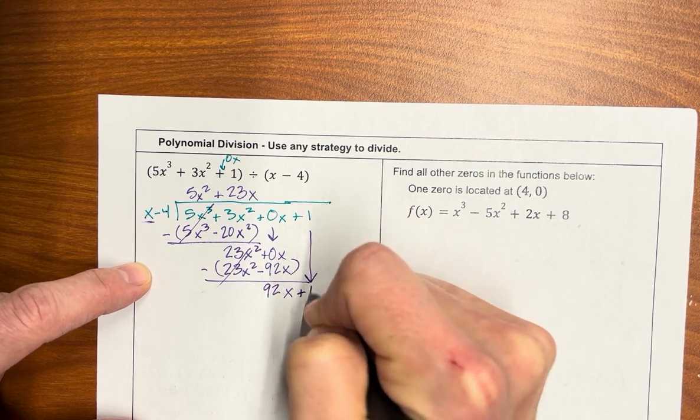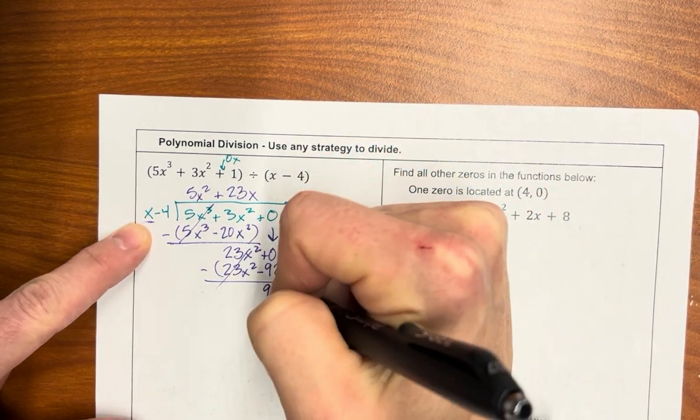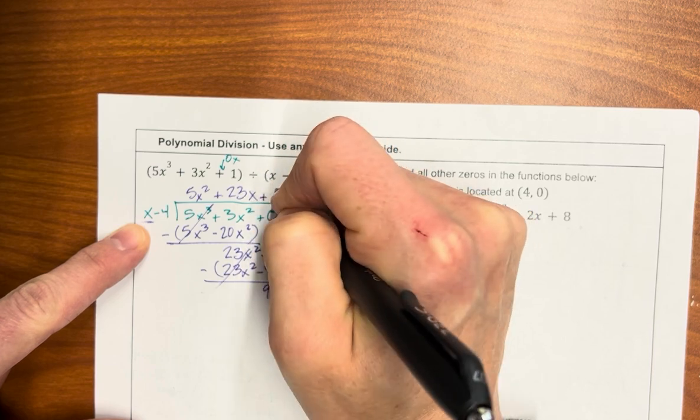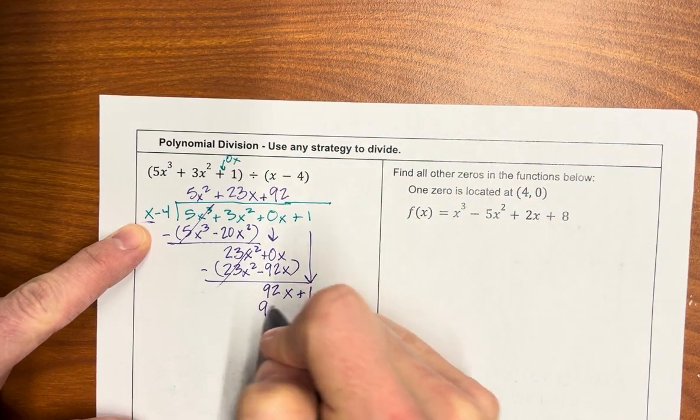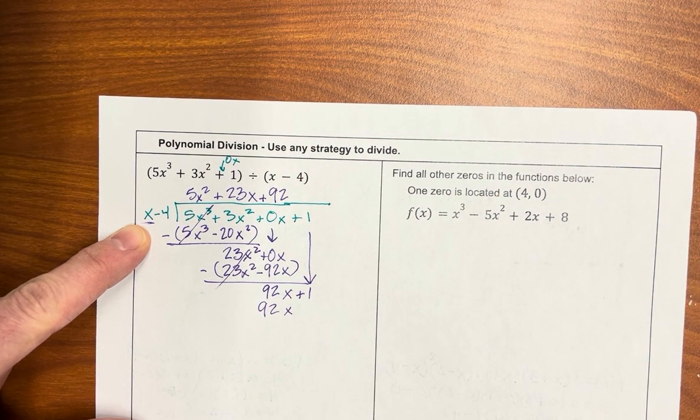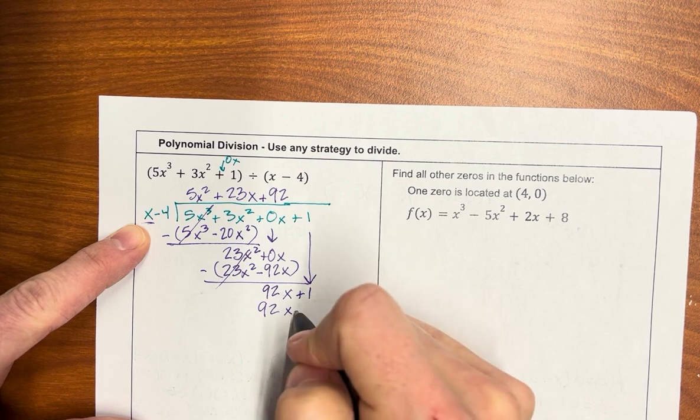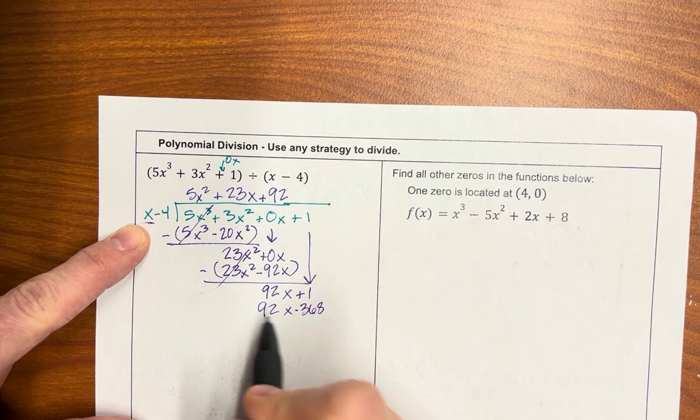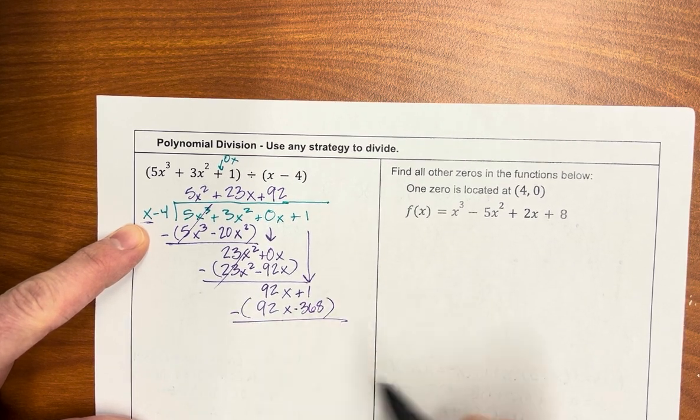Bring down the 1. So x times what is 92x? Well, x times 92 gives me 92x. And then 92 times -4 is negative 368. Subtract.